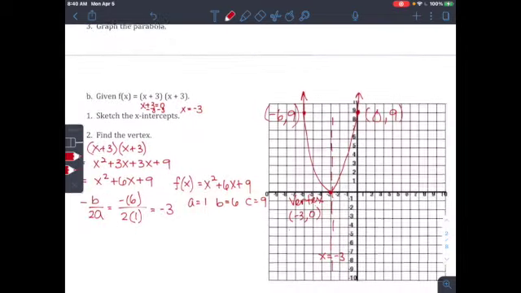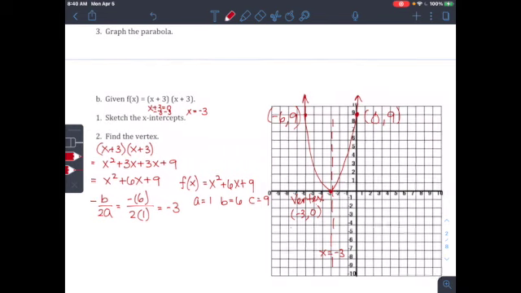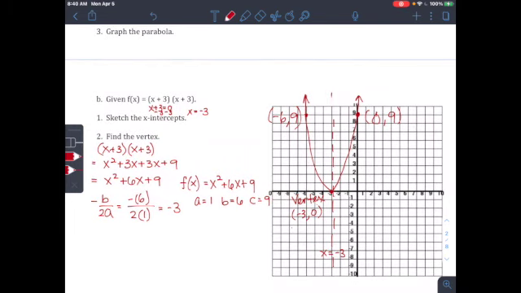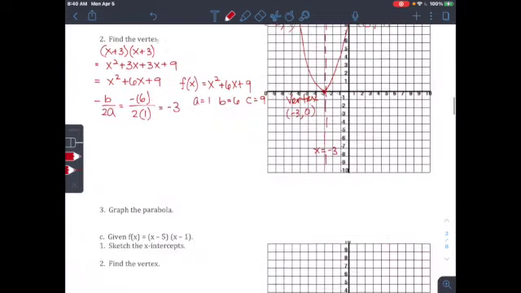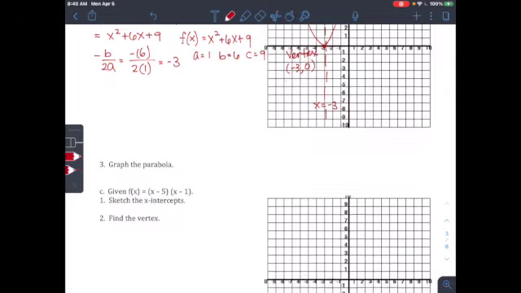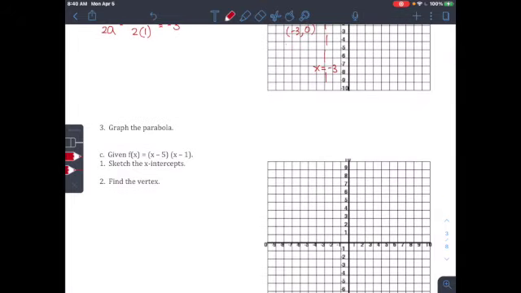The reason I pick -6 is because it's 3 away from the intersecting line, and the other point is 3 spaces to the right, so therefore 3 spaces to the other side, which is on the left. Please try letter C, and we'll pause and talk about it.